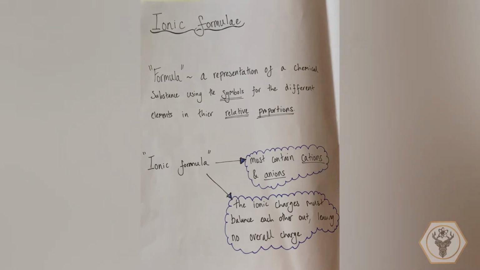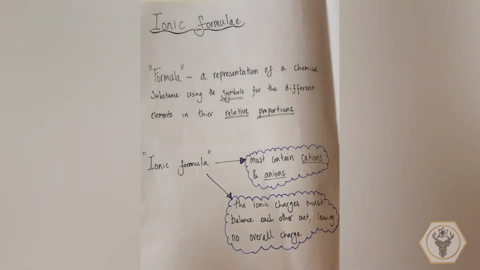If an atom or molecule gains electrons to become charged, then it becomes a negative ion, or in other words, an anion. And the key thing about an ionic formula is that you have to ensure the ionic charges found within your formula, your compound, actually balance each other out as a total, leaving you with no overall charge.